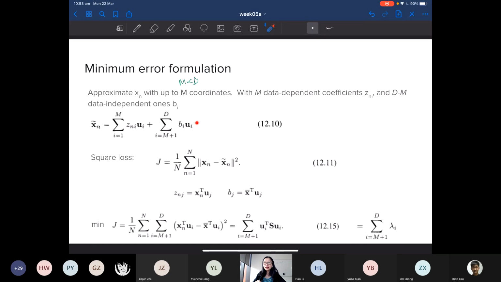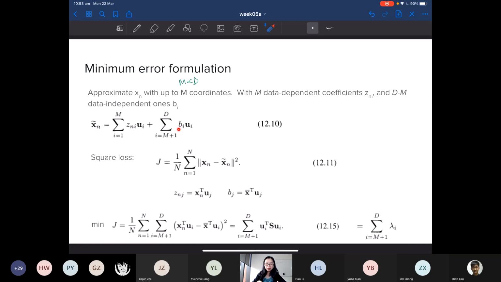And the b_i's are there to ensure that if we throw away the rest of x, we are not ignoring the mean of x, and we're not losing the opportunity to adjust or minimize the error across all data points x.